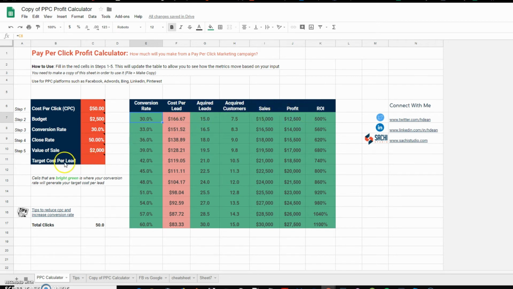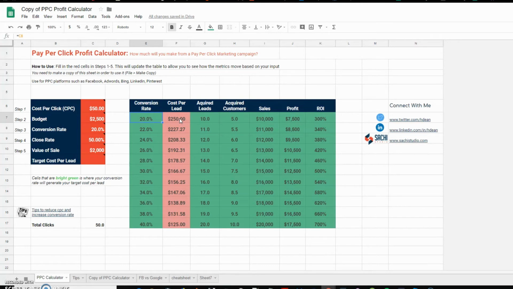Now let's talk about the target cost per lead. We know that at a 30% conversion rate, in fact, let me just change this back to 20%. So we know that at a 20% conversion rate, my cost per lead is $250. But what if I don't want to pay $250?